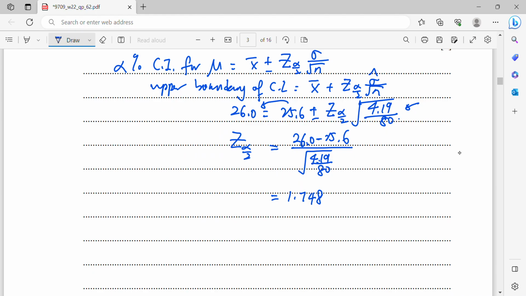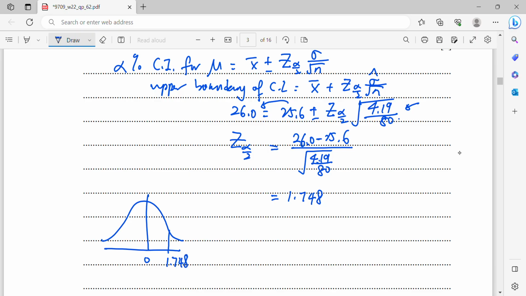So now when you refer to the table, okay, let me draw the graph here. Right, so z alpha over 2 is 1.748. That means that is the critical value. So here is 1.748.